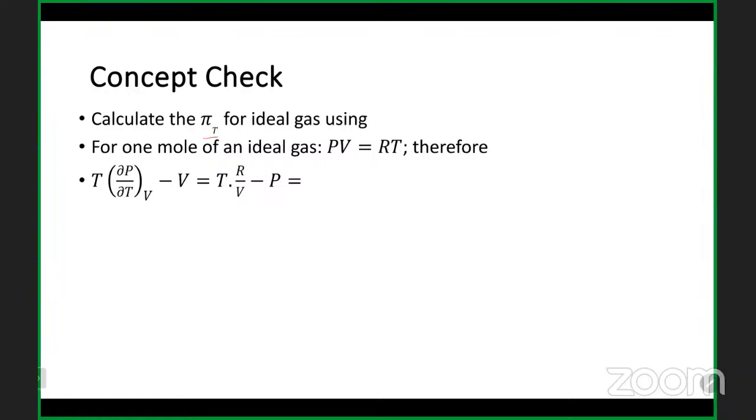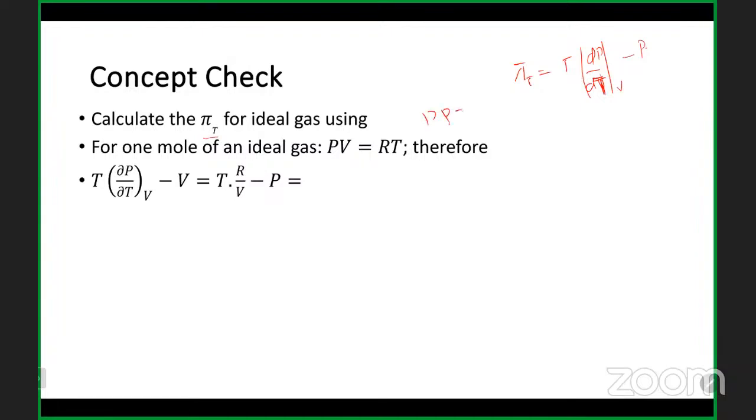Let me solve it. I didn't write everything. From the last slide, from the third law of thermodynamics, pi T is equal to T times the partial derivative of P with respect to T at constant V, minus P. Please follow what I'm writing.